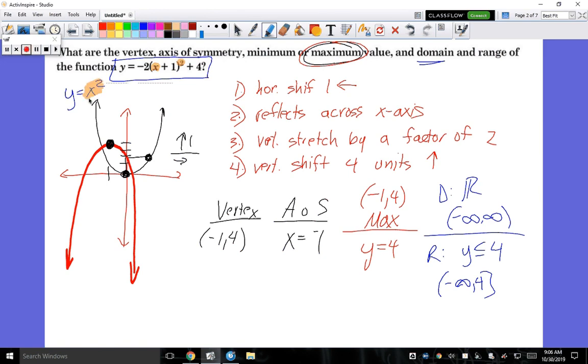So what you see is these parentheses, everything that I've highlighted in orange is the same as the original one. The only changes are here, which show that it moved left 1, here, which showed it reflected, here, which showed it stretched, and here, which showed that it shifted. But the default parent function is the same as if you were to have written it like this.